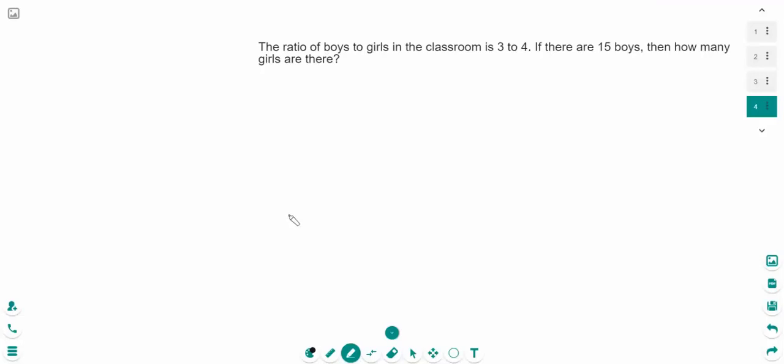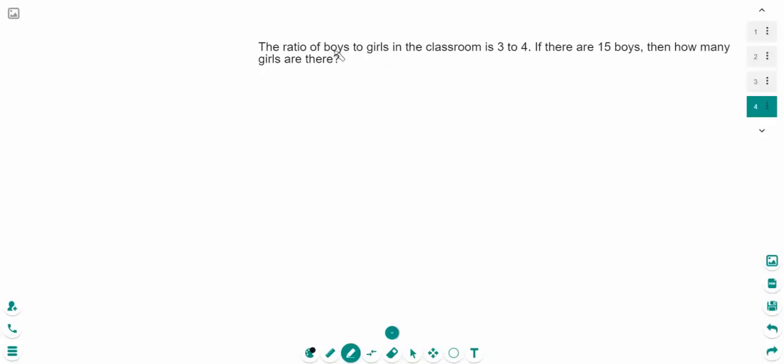All right, so let's go ahead and try a story problem now. The ratio of boys to girls in the classroom is 3 to 4. If there are 15 boys, then how many girls are there? The ratio is 3 to 4, which means that for every 3 boys, we have 4 girls.